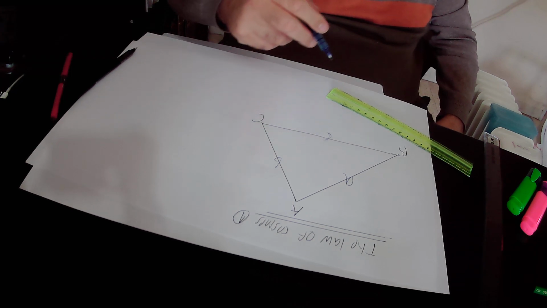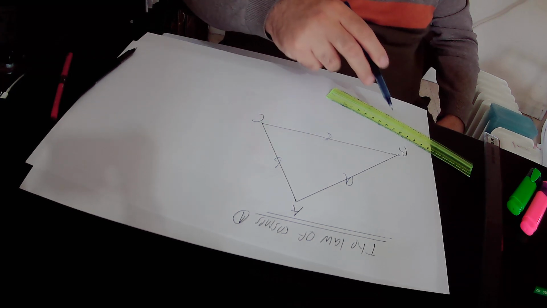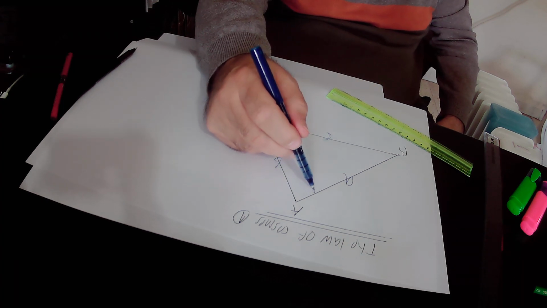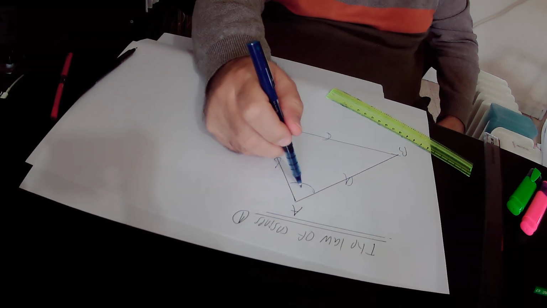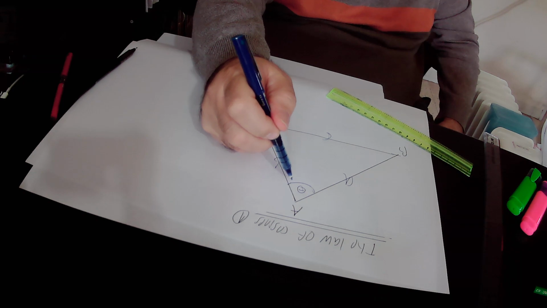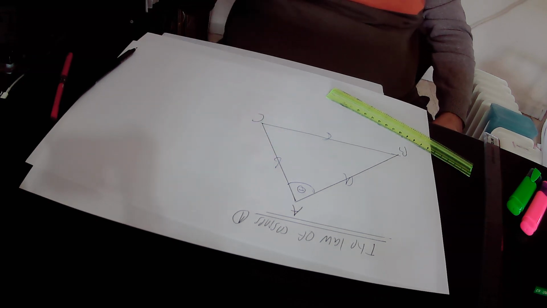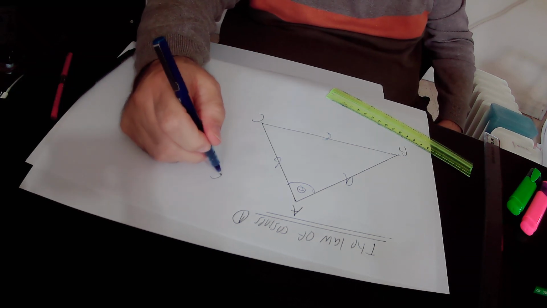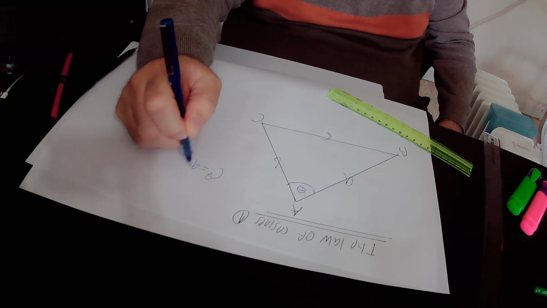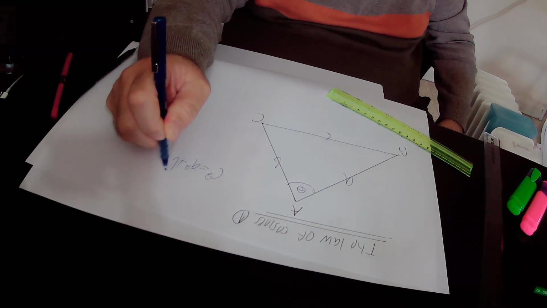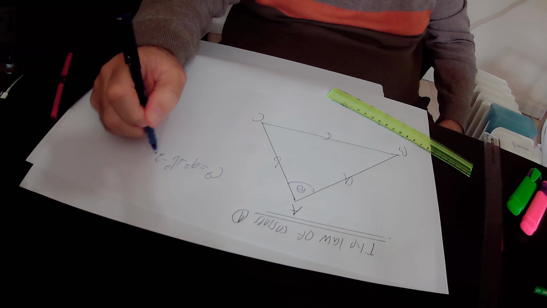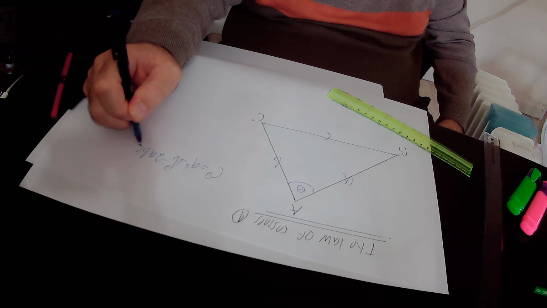And we also know that this angle BAC equals theta. Then, according to the law of cosines, in this triangle ABC, the following equation is true: C squared equals A squared plus B squared minus 2 times A times B times cosine theta.